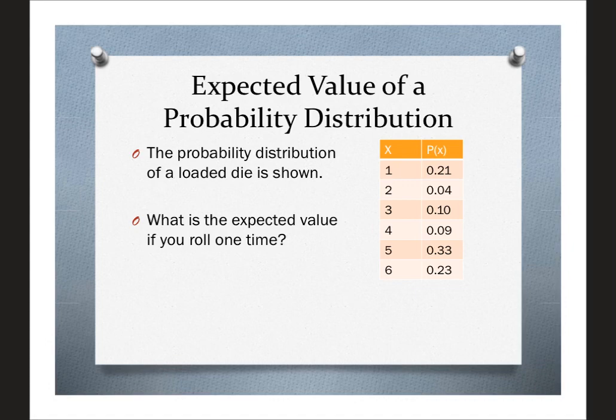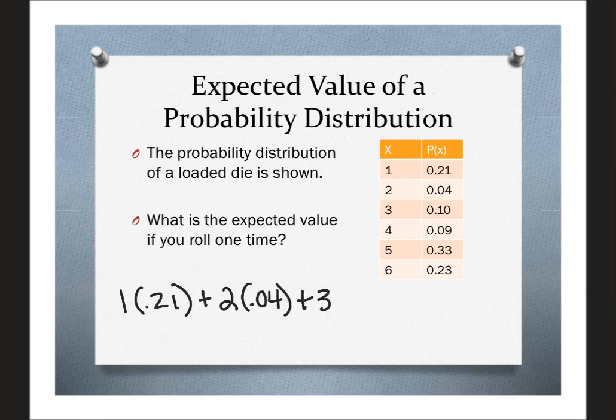So the probability distribution of a loaded die is shown. Again, there's only 6 sides to a die, and I'm asking you what the expected value is if you roll one time. So you're going to take rolling a 1 and multiply it by its probability. You're going to add it to rolling a 2 times that probability.